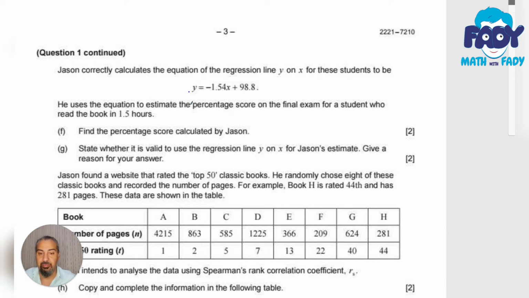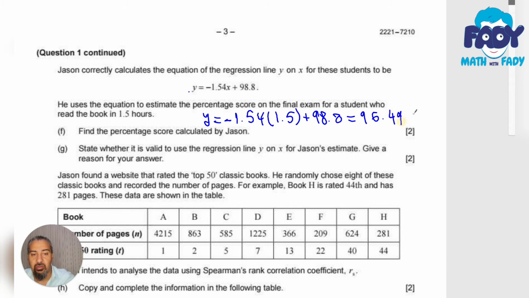This is the y, percentage score, and the time is the x. Find the percentage score calculated by Jason. So we are substituting x with 1.5: y equals negative 1.54 times 1.5 plus 98.8. So this is 96.49, which to three significant figures is 96.5%.